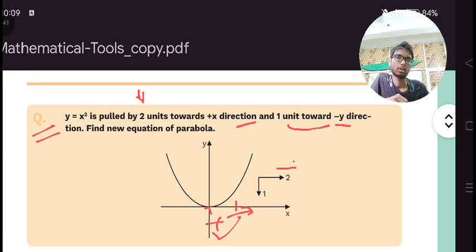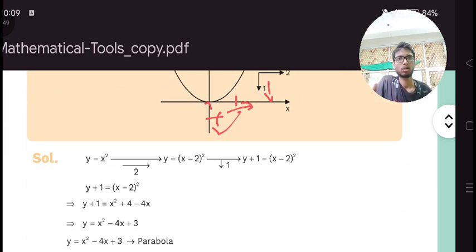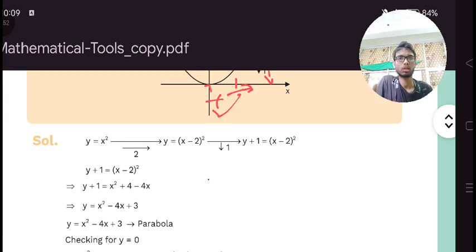2 units in this direction and 1 unit in this direction. How will the graph, the curve look? y is equal to x square and here y is equal to x minus 2, x minus 2 raised to power 2.